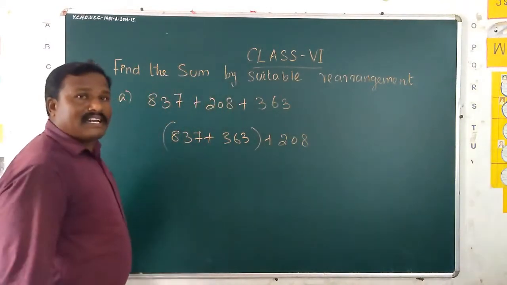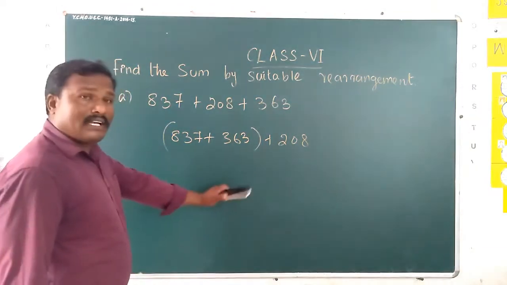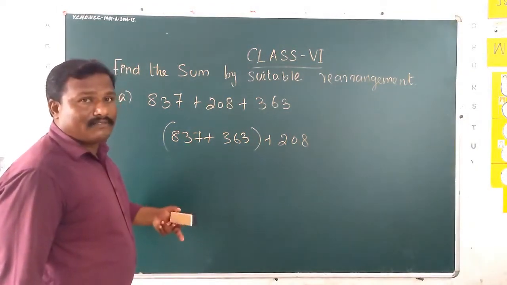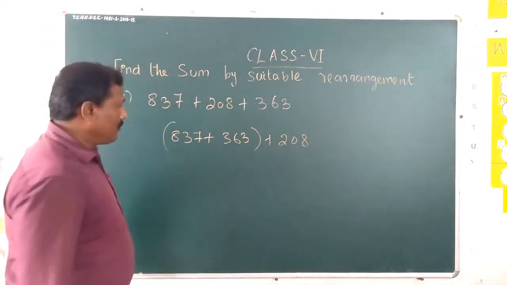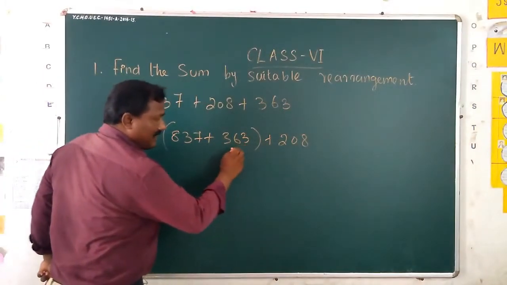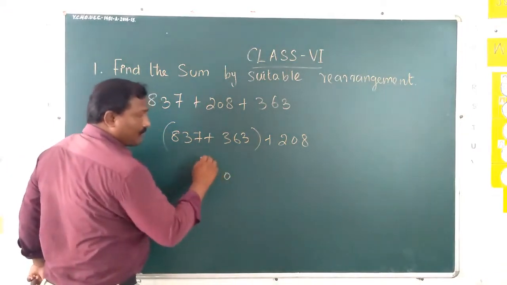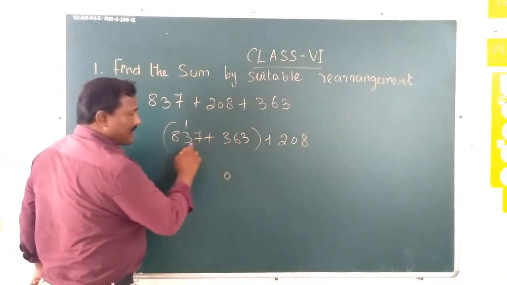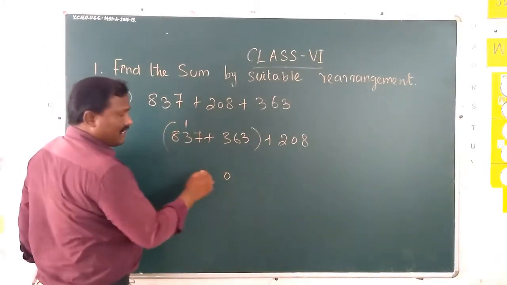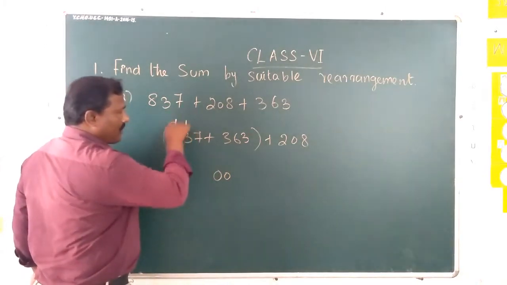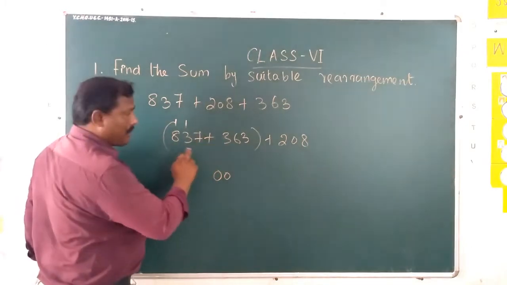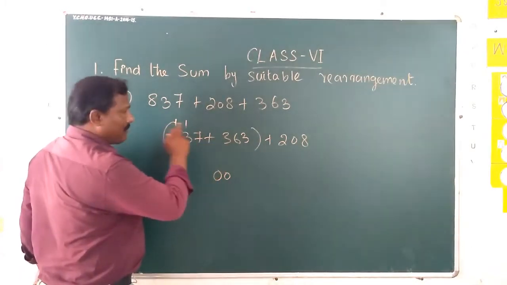Now I will rearrange for adding easily. So now 7 plus 3, 10. 10 means 0, you put remainder 1. 6 plus 3, 9. 9 plus 1, 10. Again 0, remainder 1. 8 plus 3, 11. 11 plus 1, 12.